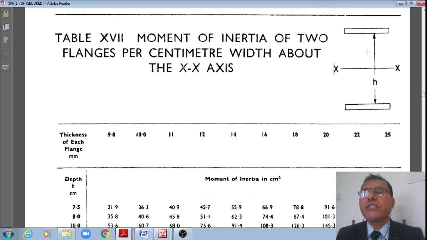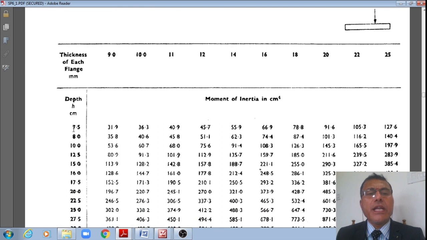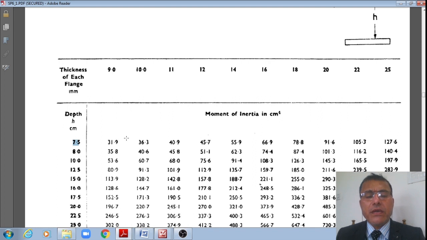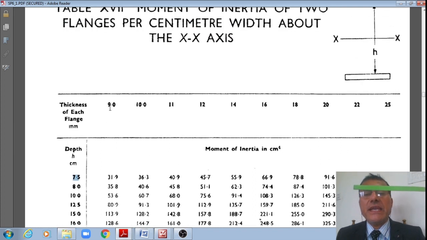For different depths H, right? Therefore, if I have a depth of say 7.5 centimeter or 75 mm, if I am using a flange of 9 mm in compression as well as tension, like this, then how much of moment of inertia about this horizontal or major axis of bending? It can furnish 31.9 centimeter to the power 4.